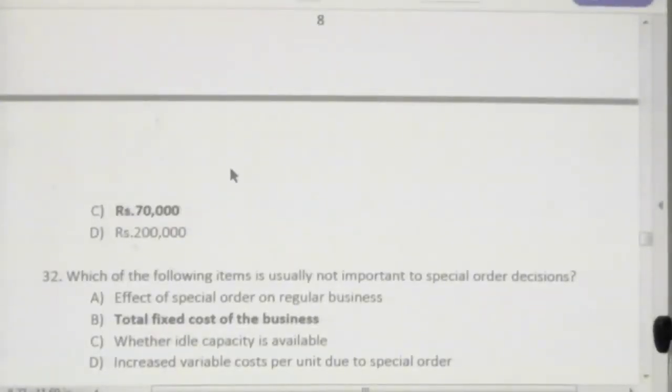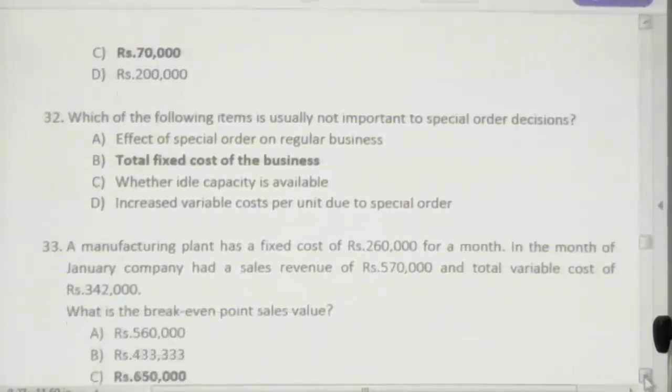You already calculated your total cost 2,130,000. They have given you the selling price 22 into 100,000 units. Therefore revenue will be 2.2 million. Total cost is 2.13 million. Therefore profit is 70,000. Answer is C. Now let's take question number 32.